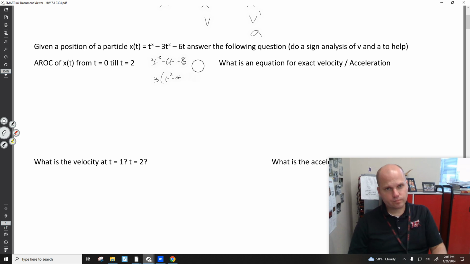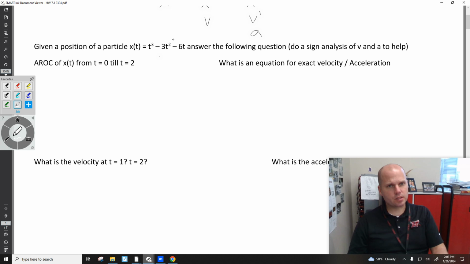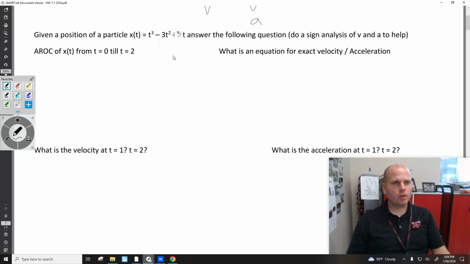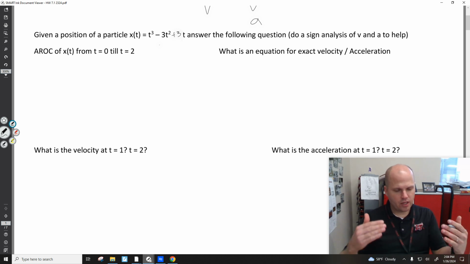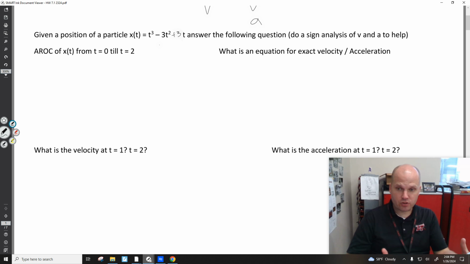So change this to a plus 3t. Okay, now do the question. What's the average rate of change of position from 0 to 2? It's just like quickly understanding slopes or rates of change. Average rate of change would be the slope of the secant.